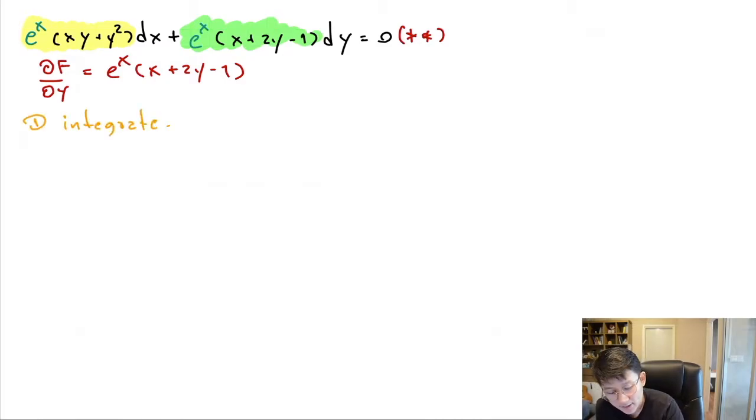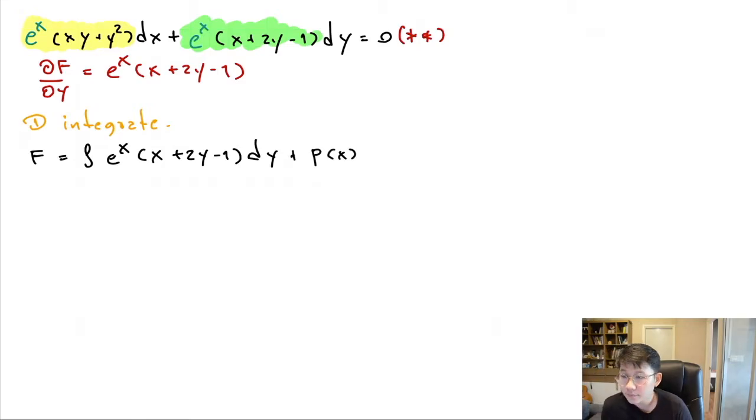So we have that f is the integral of e to the x plus 2y minus 1 dy plus px. Right? We have px as we take the partial integration by y. So we need to have the function of x as a constant, right?